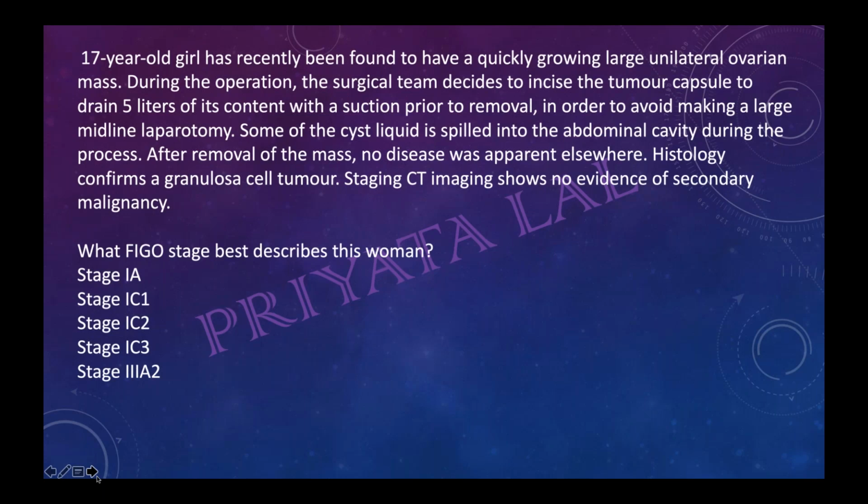After removing the mass, it is GCT. No evidence of malignancy on CT. What could be the stage? 1C1, yes, 1C1, because we are at fault. We are surgeons. We have cut the capsule. So we are at fault. So 1C1.